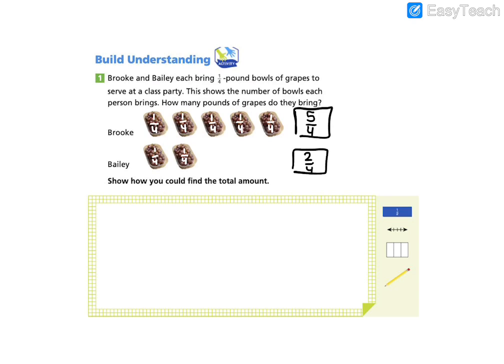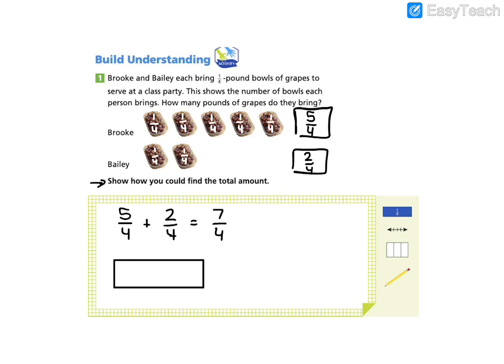So we now need to find the total amount. We can add the total amount here. 5/4 plus 2/4. So Brooke and Bailey bring a total of 7/4 pound of grapes to the party.